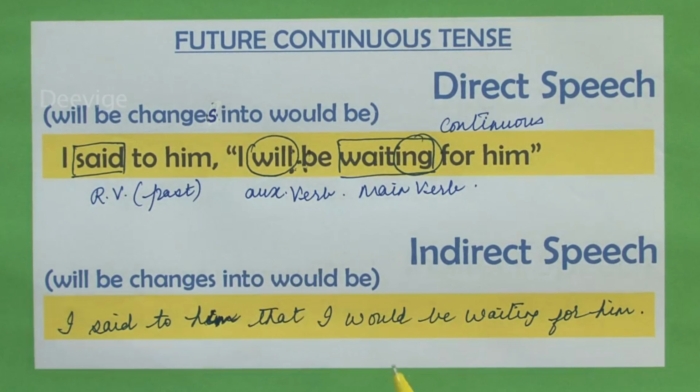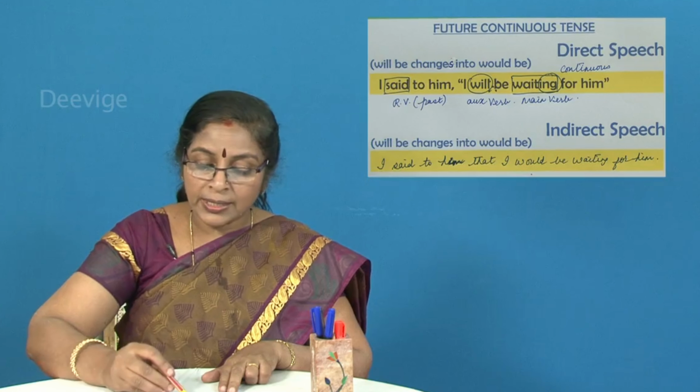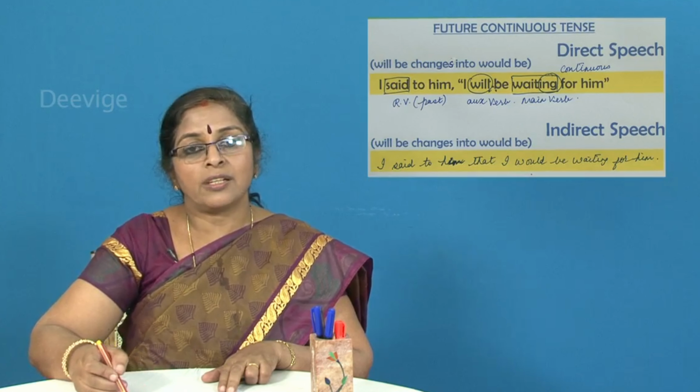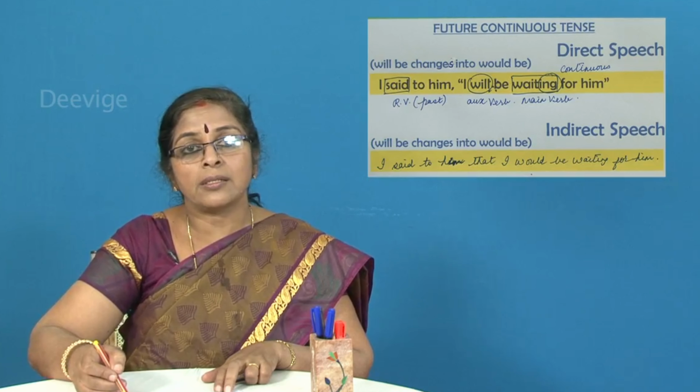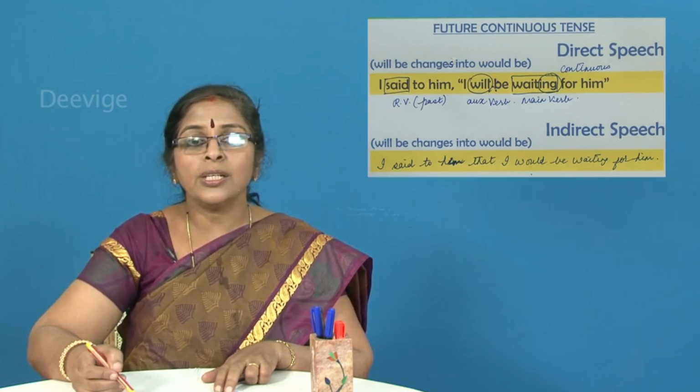So will changes to would. So I said to him that I would be waiting for him is the way you're going to change this particular sentence from the direct to the indirect.